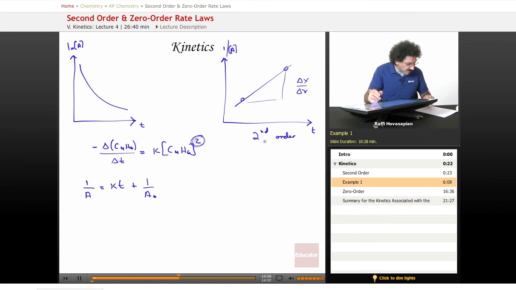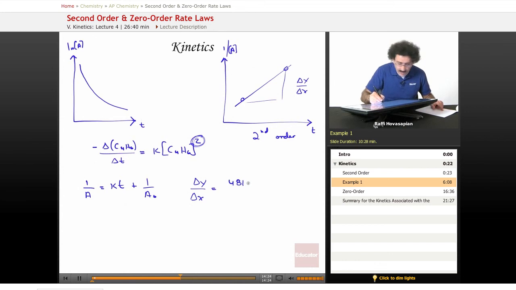When we calculate delta y over delta x from this graph, based on the kinetic data that we derived, a couple of the data points do fall on the line, so I pick the first and the last.